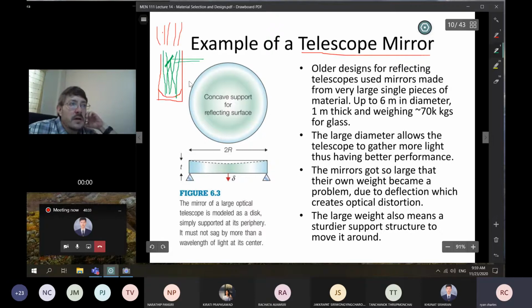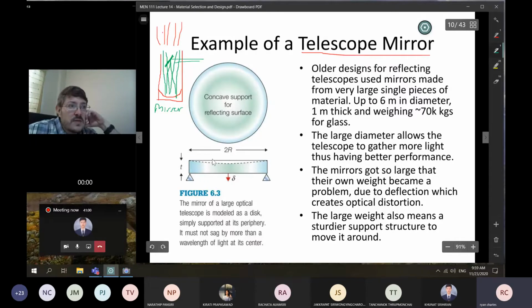There's a big mirror on the back. Newtonian, it's Newton. Newton created this telescope centuries ago. So older designs for reflecting telescopes used mirrors made of very large single pieces of material, historically glass.